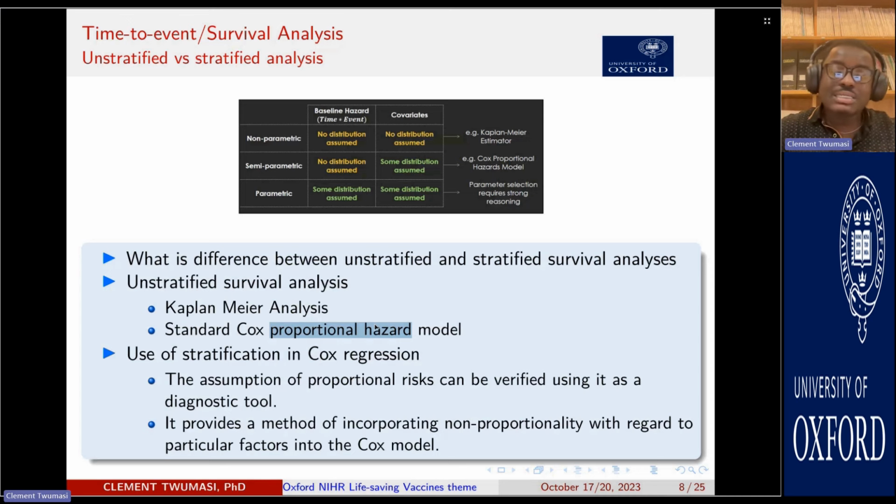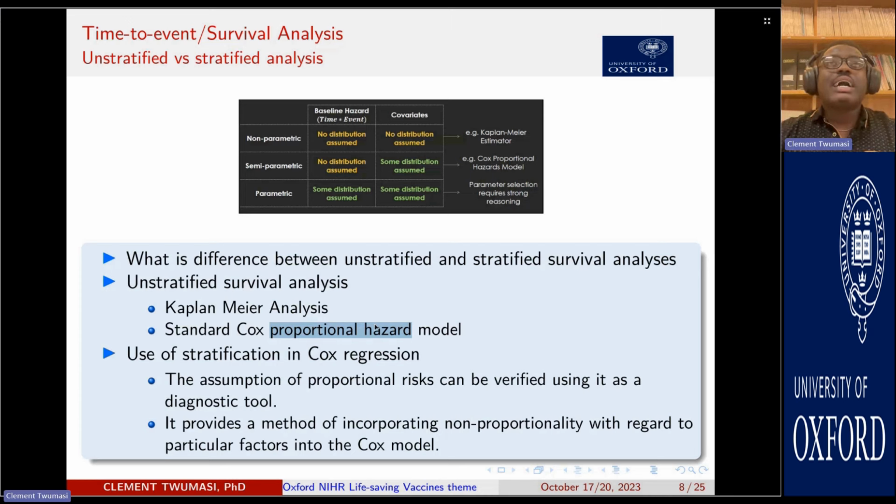So when there are departures from such assumptions, what do we do? And then there's a time-invariance assumption, that most of the covariates, specifically the continuous covariates, should not be time varying. This is to say that they shouldn't vary over time.